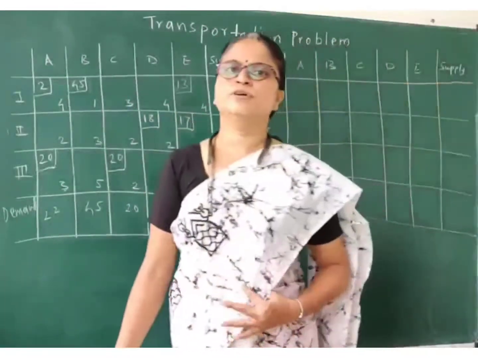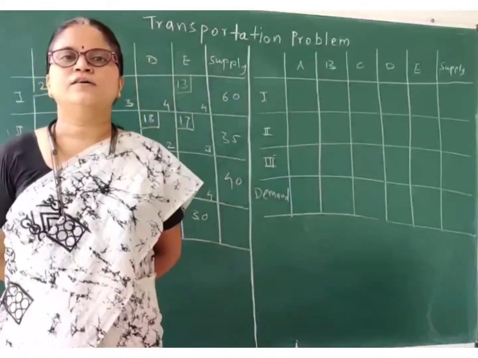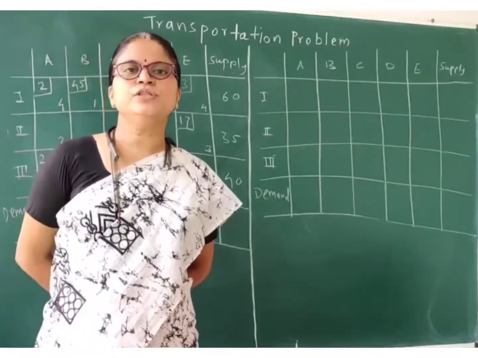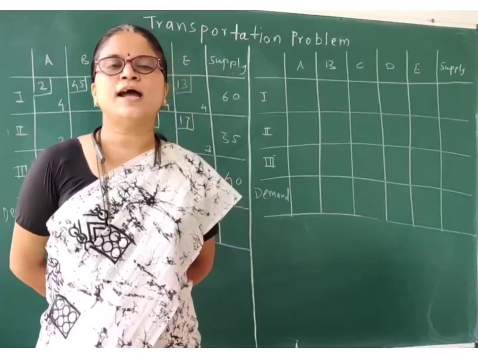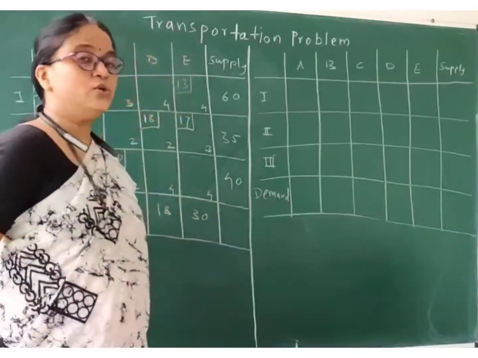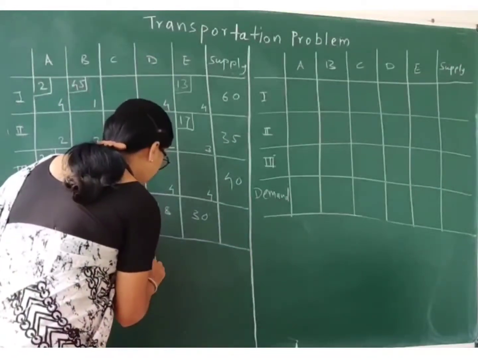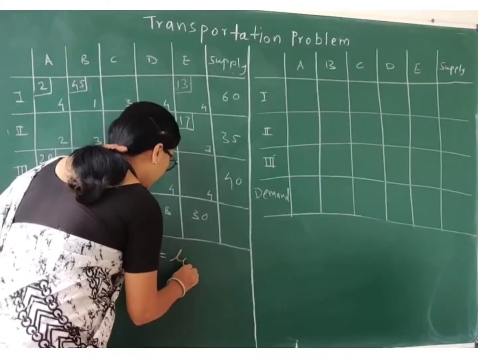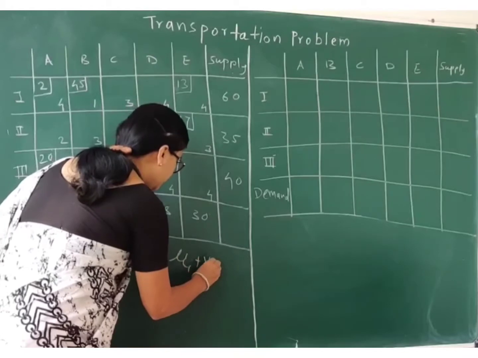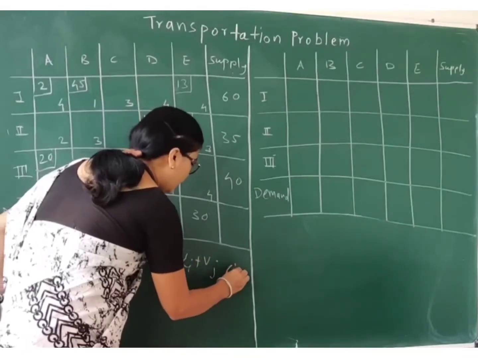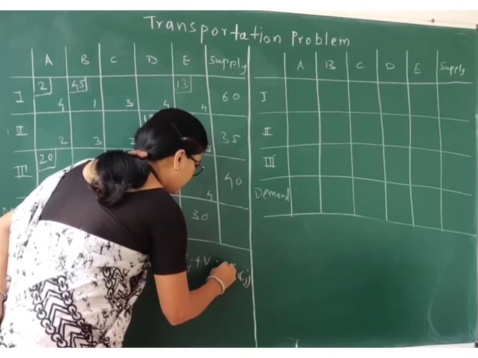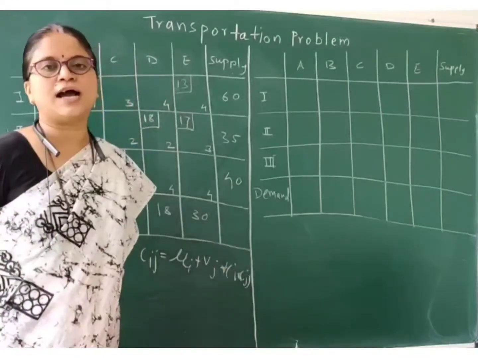Okay, fine. Now to start with the Modi method, we need to find Ui and Vj. To find Ui and Vj, the formula is Cij is equal to Ui plus Vj for all i and j. We need to find this for all i and j.